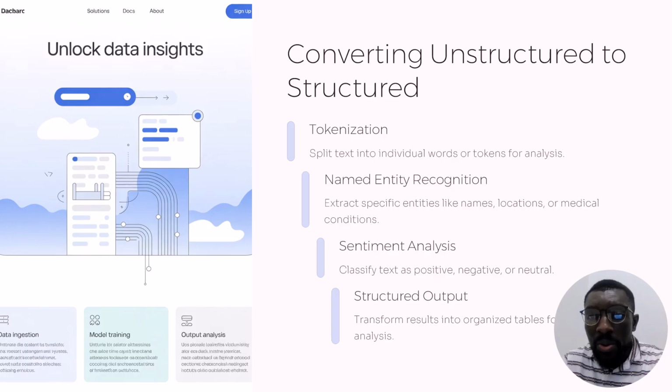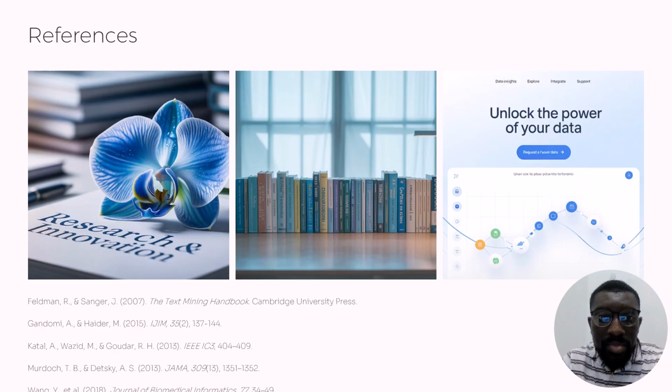So if in the messages on Twitter we gauge more positive insights, then we can deduce that the conversation has been positive. Once that's done, we can structure the output, which transforms the results into an organized table from the analysis.